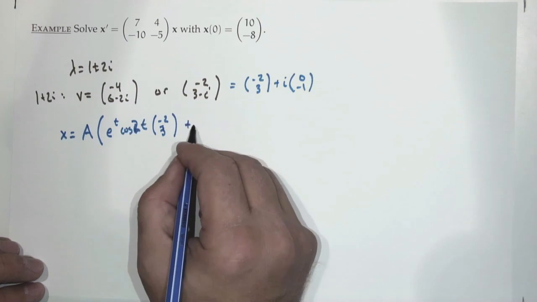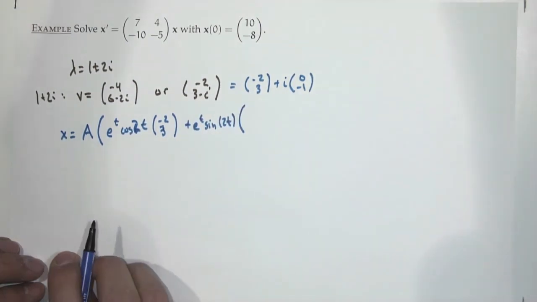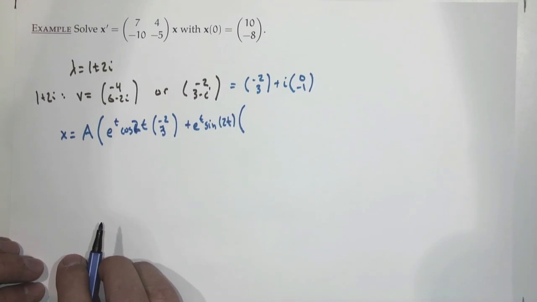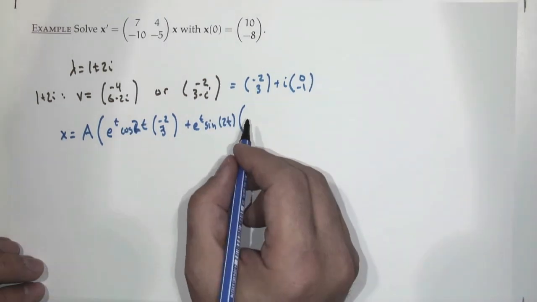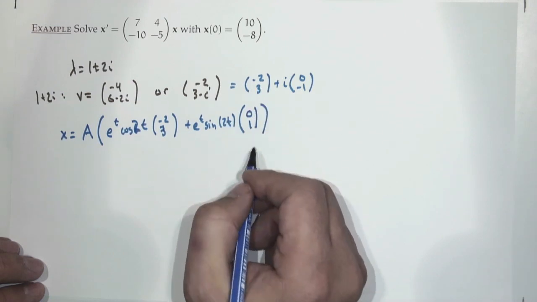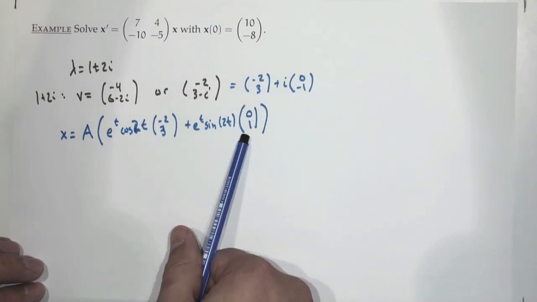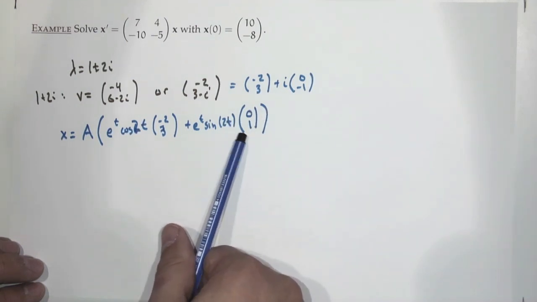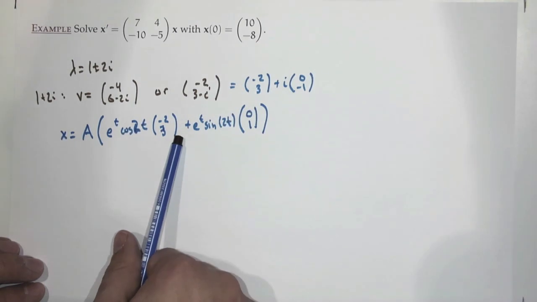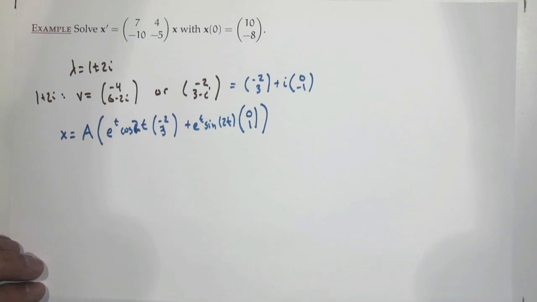And then there's an e to the t sine 2t, and that's going to be times [0, 1]. Now you might say, ah, Steve, typo. That's supposed to be a -1. And I say, aha, double typo, because that should have been a minus there. And a minus makes a plus.